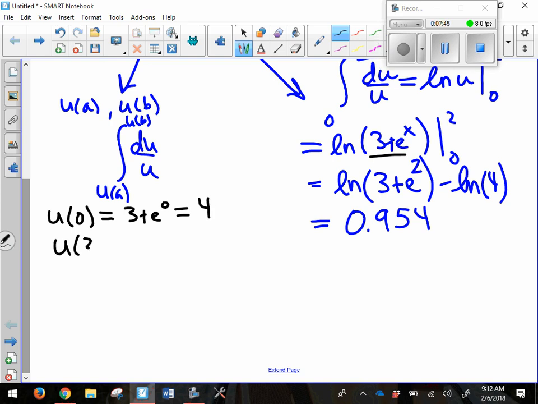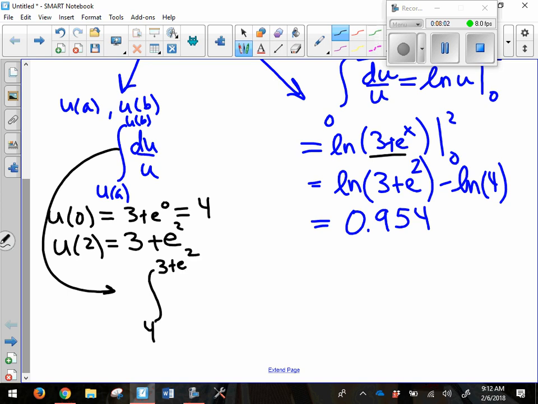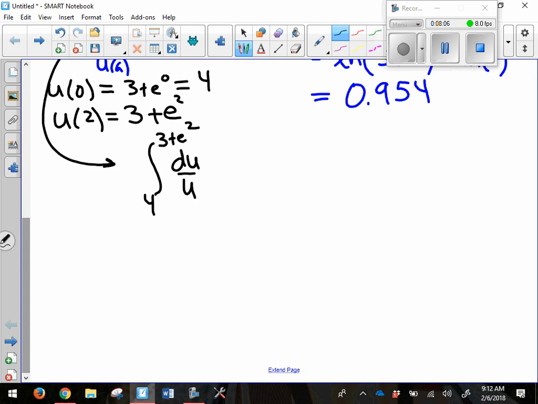And then I take u of 2, which is going to give me 3 plus e squared. Okay. So my integral becomes the integral from 4 to 3 plus e squared of du over u.